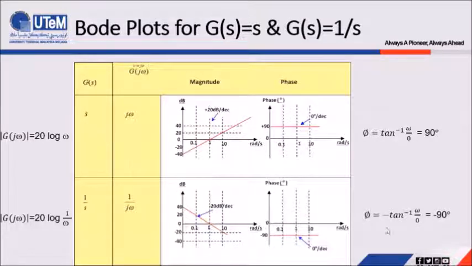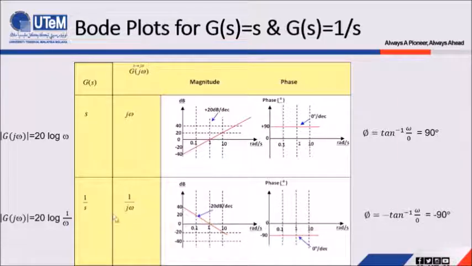Next, for phase, we use the same formula as here, but in this case we have to put a negative, because this equation refers to 1 over j omega, which means j omega is located in the denominator.